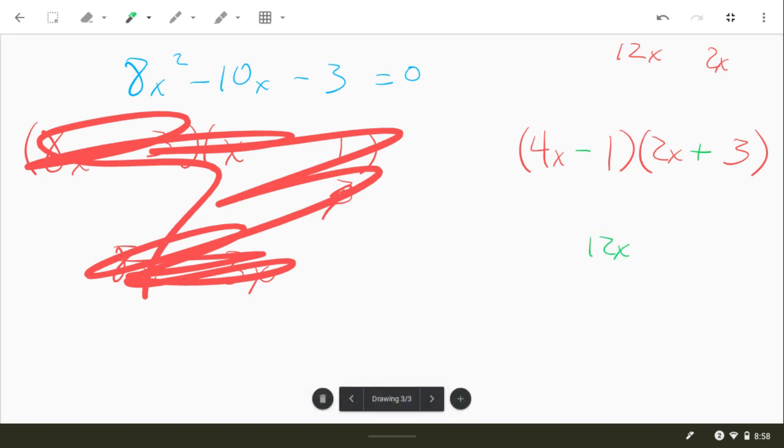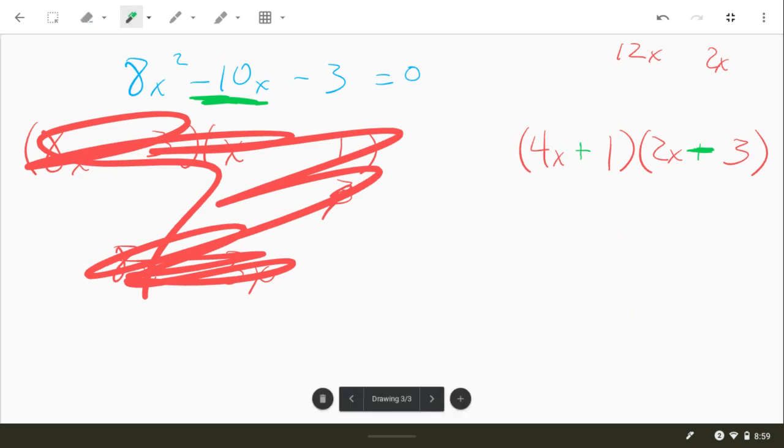And then in the middle, I'd get negative 1 and 2x. That's going to make a negative 2. But this is going to spell a positive 10x, whereas we wanted a negative 10x. So all I got to do is change the signs. So it's going to be 4x plus 1 and 2x minus 3.